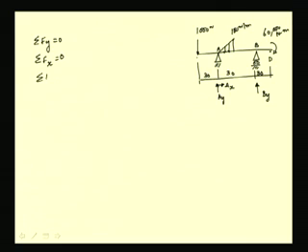And say summing the moments about A and equating it to 0, we find that the reaction By has to be 1000 newtons and the reaction Ay has to be 1500 newtons, and we do not have a horizontal component of the reaction, that is Ax is 0.